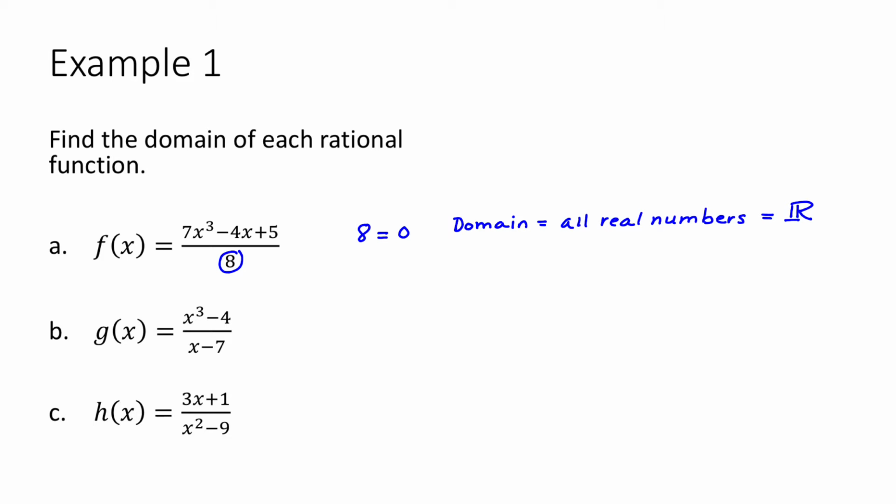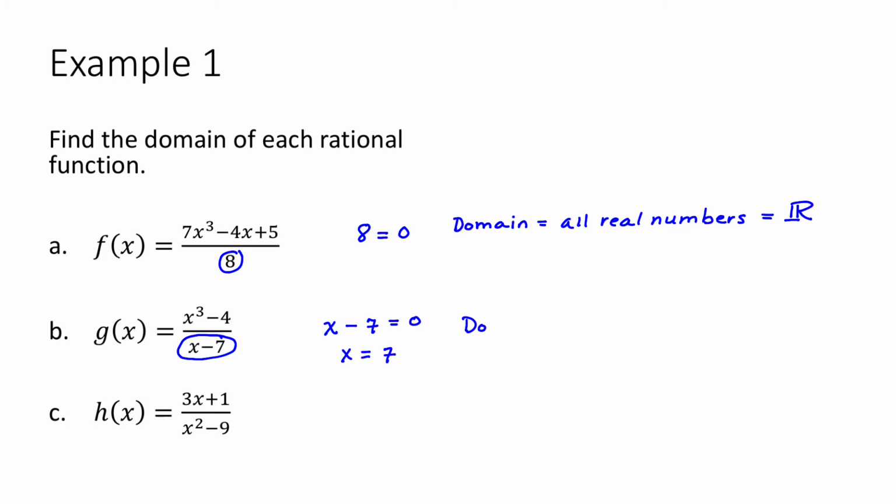Now in B, I do have a variable in the denominator. Here I have x minus 7. I set that equal to 0, and I get x is equal to positive 7. So that value has to be omitted.